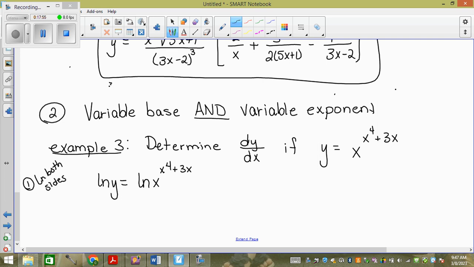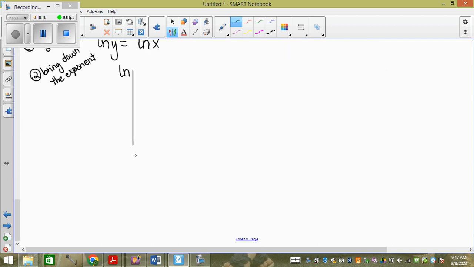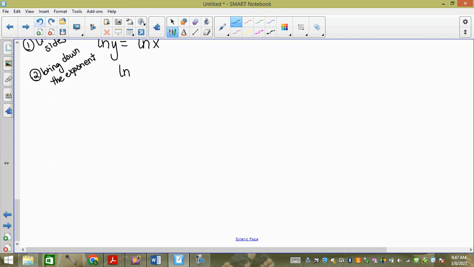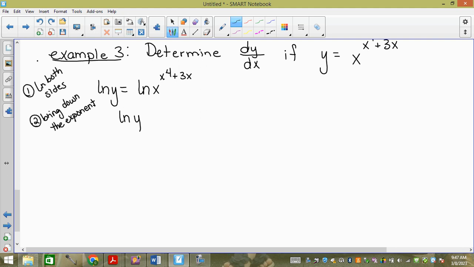Step 2 is still the same. Bring down the exponent. So we're going to get ln of y equals x to the 4 plus 3x times ln x.